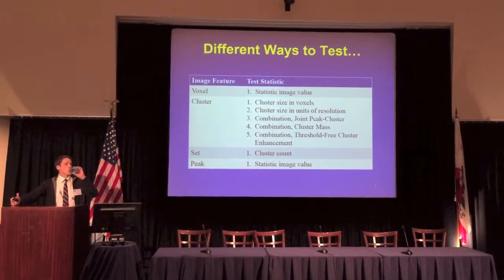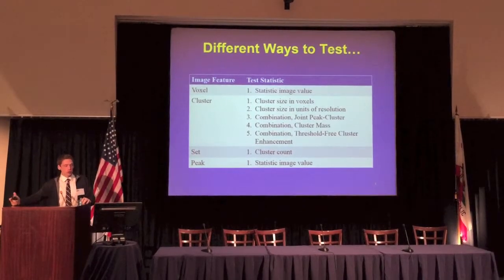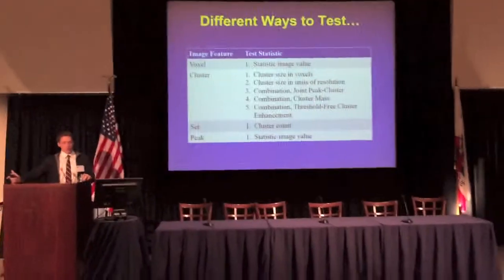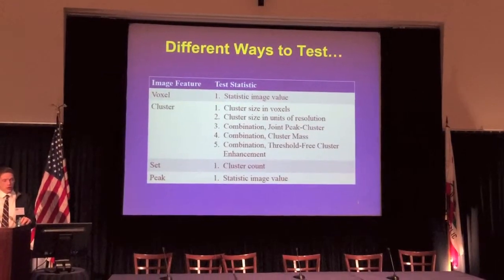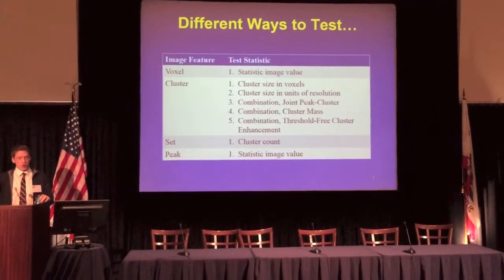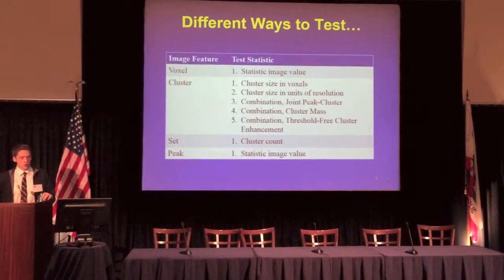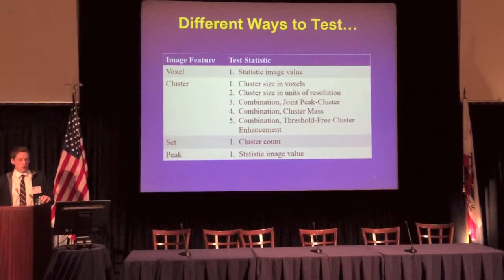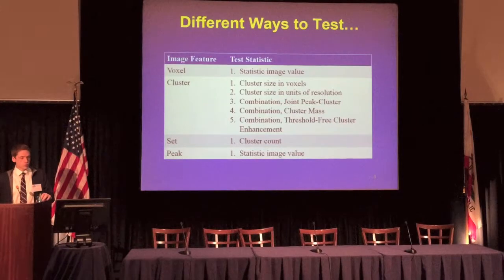So on the voxel-wise level, you can test for significance using statistical image values such as t-value or z-value. On a cluster-wise level, there are several measurements of statistical significance that are commonly used in neuroimaging. And those include cluster size in voxels or in units of resolution.